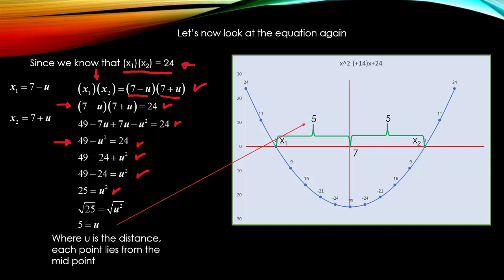Gives us this. And finally, when we get down here, we take the square root of both sides and we get u equals 5 that we see here. And that's what we had seen before. No great mystery, but you can do this with any quadratic equation. This procedure right here.